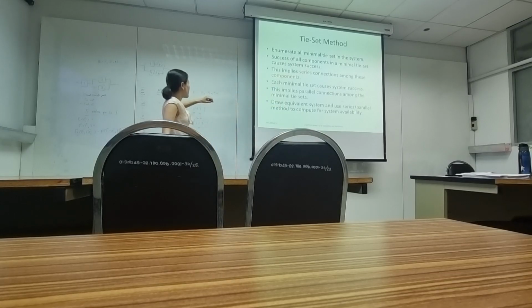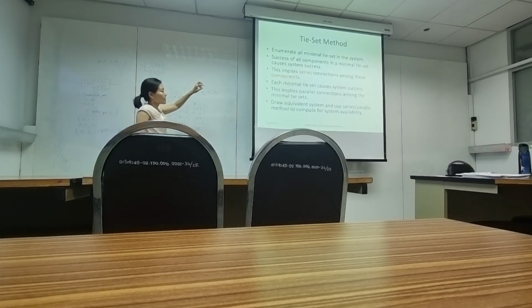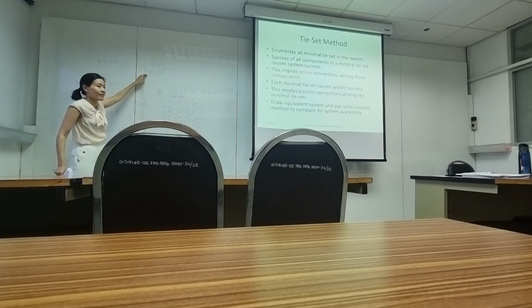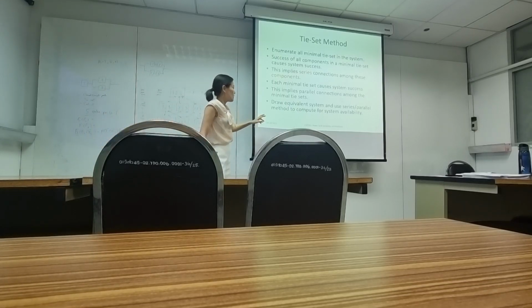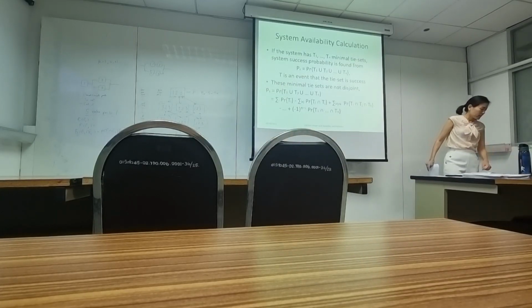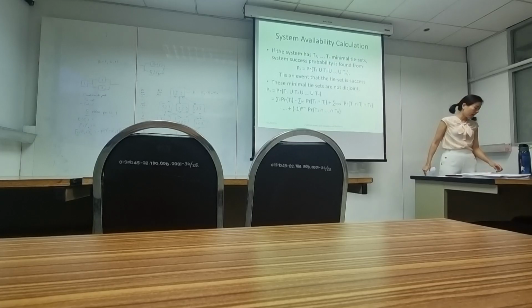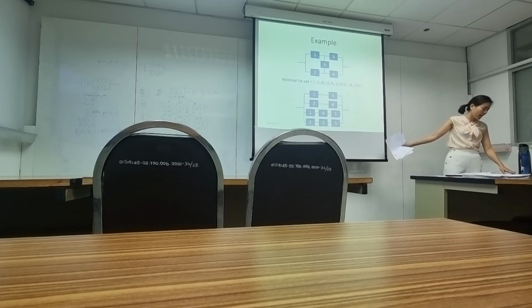But each minimum tie set causes the system to succeed, so this implies the parallel connection among the minimum tie sets. Okay, so that's how we can write the equivalent model of the tie set of this problem. Now, you can calculate the system availability. I'm not going to repeat that; I think you should be able to do that now.